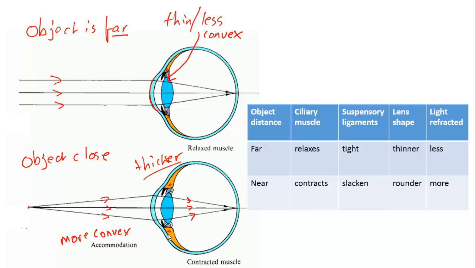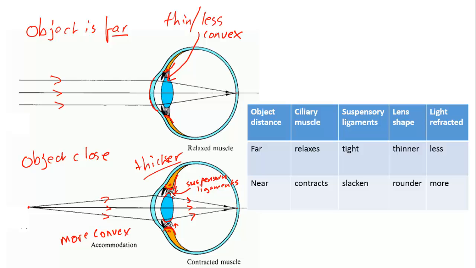That means that this muscle here, because it bulges, becomes closer to the lens. Here we're a fair bit of distance away, but as it bulges it becomes closer like that. Because the distance from the ciliary muscle to the lens is now shorter, there's the lens, these suspensory ligaments here become slacker.